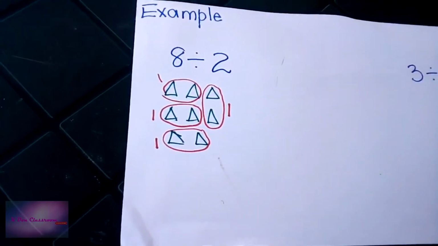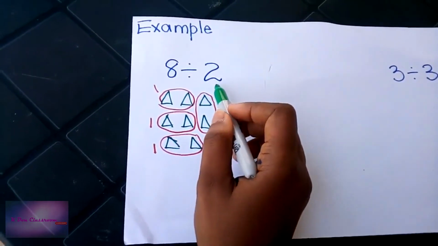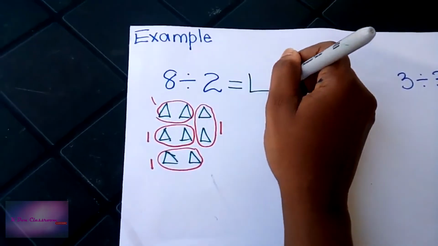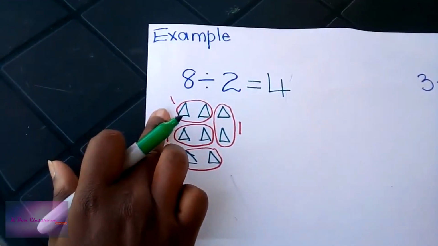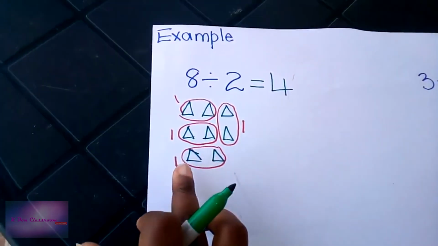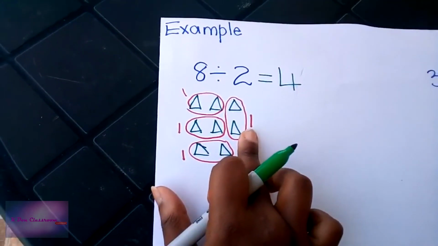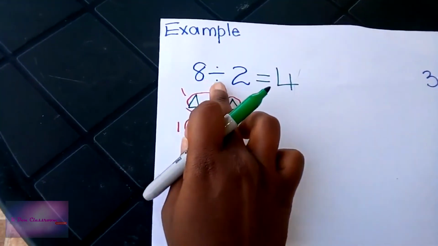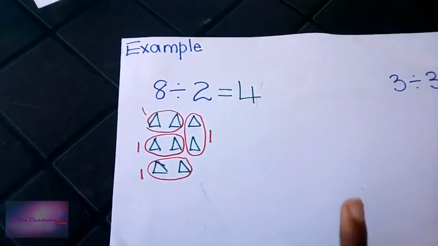So it means that when I take 8 and divide it by 2, my answer will be 4. So I got 4. 8 divided by 2 equals 4.